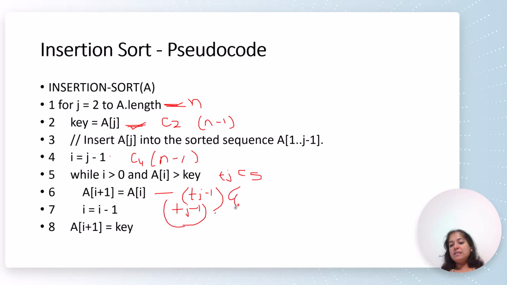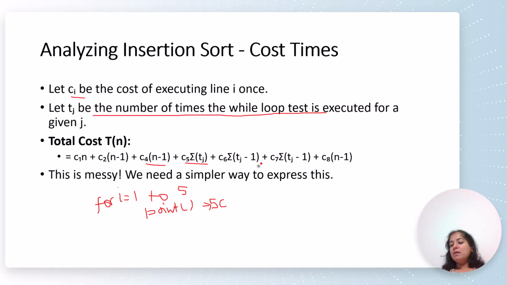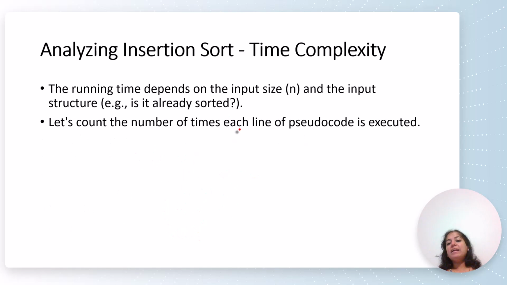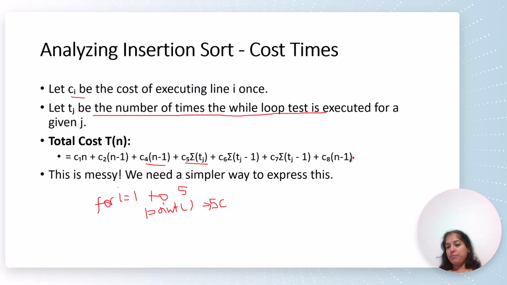So it will be C6 times summation, and this will be C7 summation. And at the end, C8(n minus 1), this statement. If we add all of these values, we will get the total analysis, the total cost.